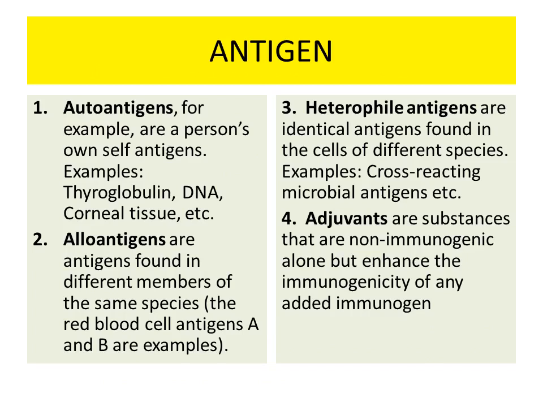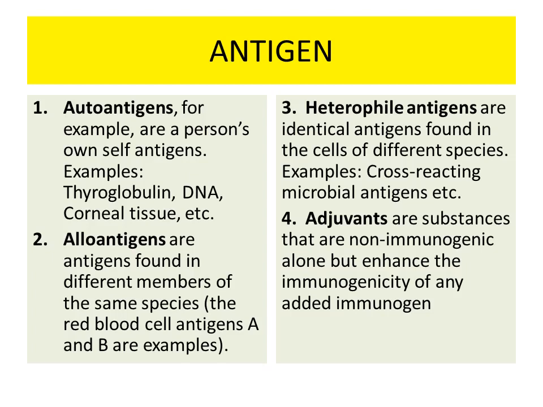Autoantigens, for example, a person's own self antigen, such as a person's DNA, corneal tissue, thyroglobulin. Alloantigens are antigens which are found in different members of the same species. For example, RBC antigens: blood group A has a different antigen, B has a different one, AB has a different one, O has a different one.